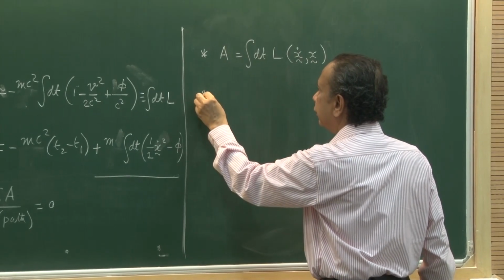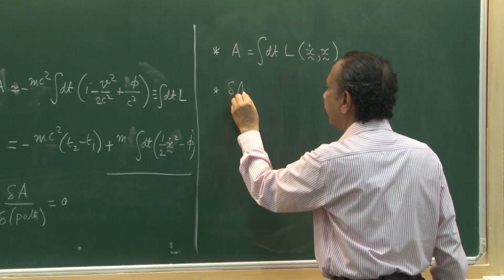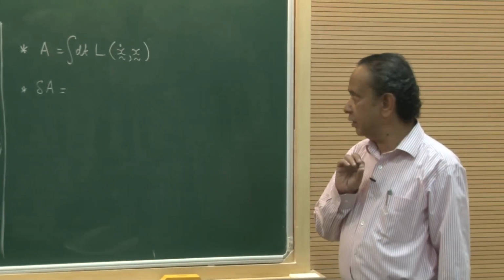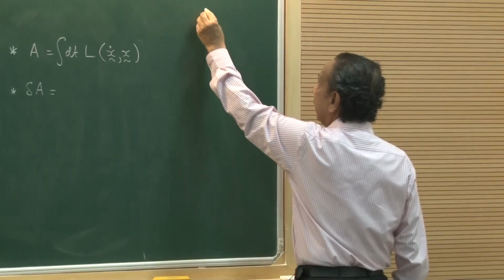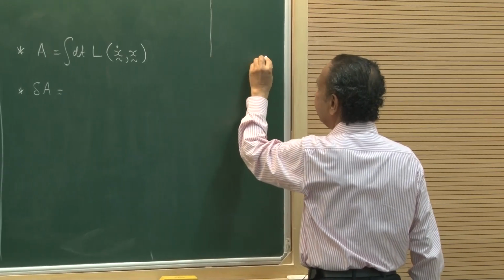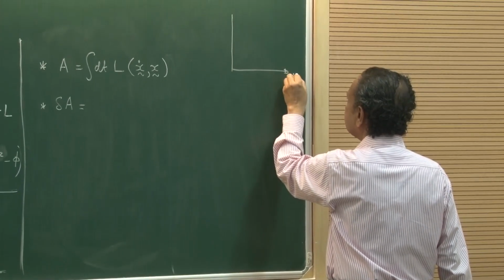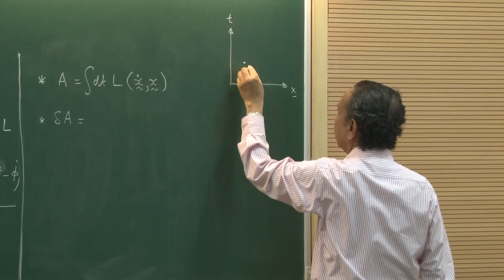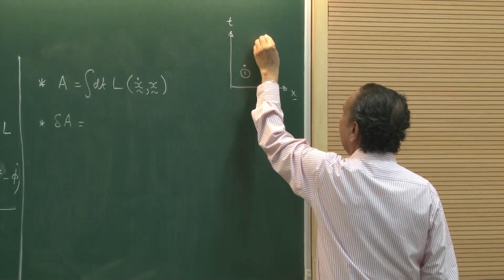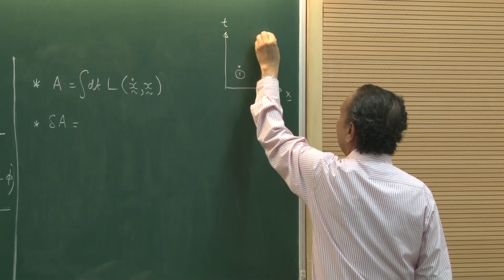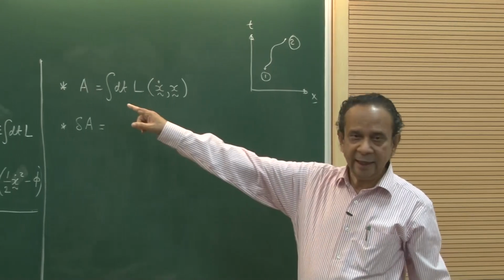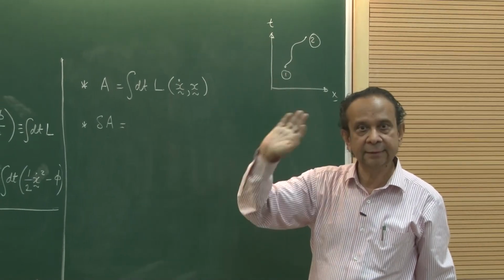So, what I want to do is to vary the path and ask what is the variation of A. Now, it is important for you to understand what I mean by varying a path. What is meant is the following: you have x and you have t and you have two endpoints 1 and 2, and I have some path, and for that path I have a number 13.6.